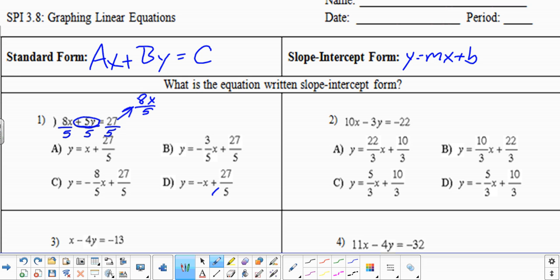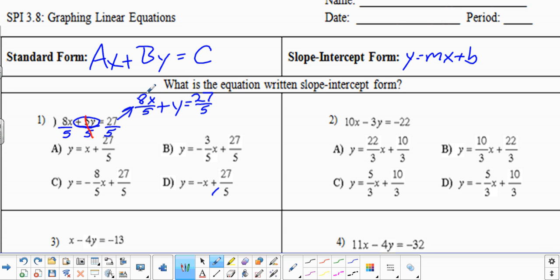Now, what happens to these 5s here is they cancel out. And that leaves me with just a positive y equals 27 over 5, which cannot be reduced.